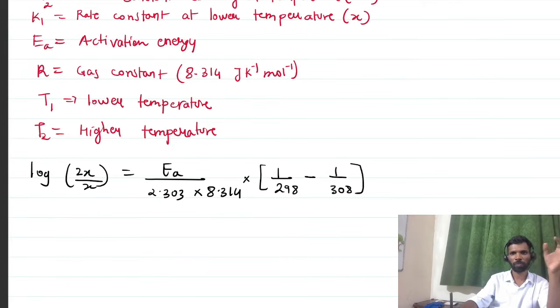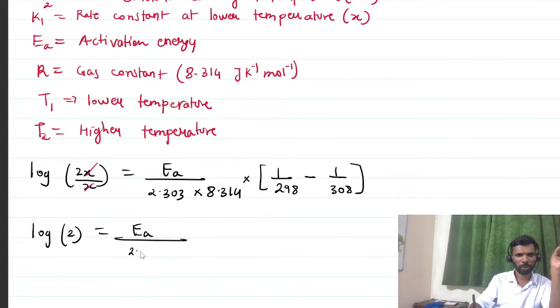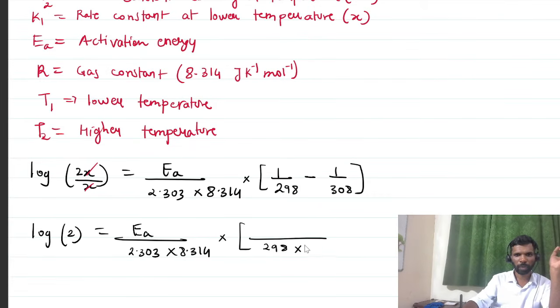There is a difference of 10 units over here. You see that this x and this x will get cancelled. What remains is log of 2 equals EA upon 2.303 into 8.314, and I'll write it this way: 298 multiplied by 308, and then 308 minus 298.